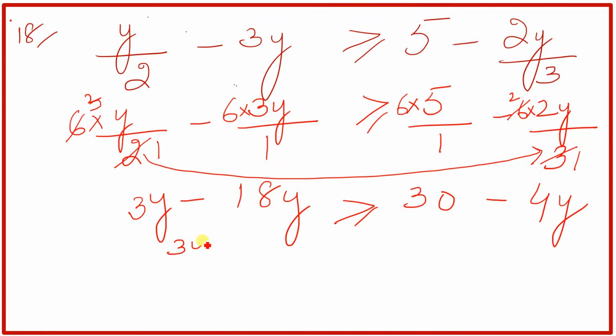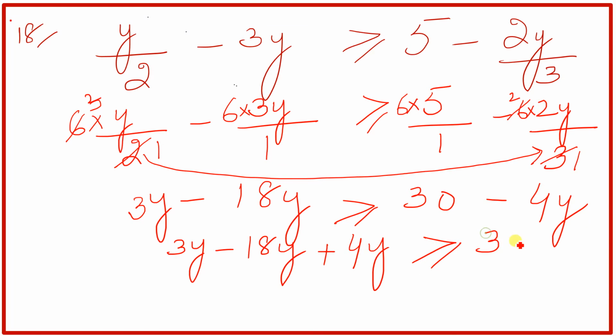See, this 3y will remain the same. Negative 18y will remain the same. This is negative 4y, so it will be positive 4y, greater than or equal to 30. So this is 4y, this is positive 7y, this is negative 18y. So it will be negative 11y is greater than or equal to 30.